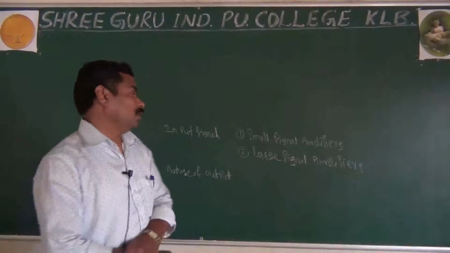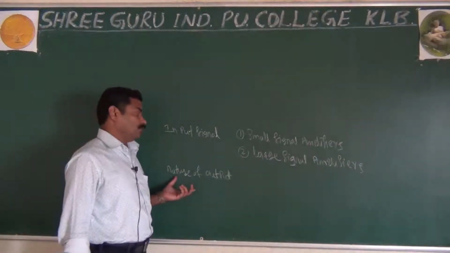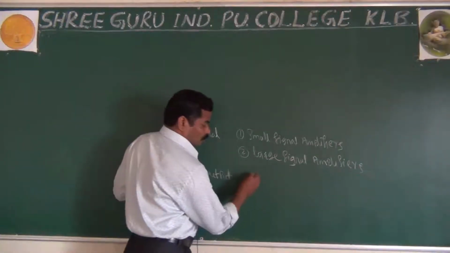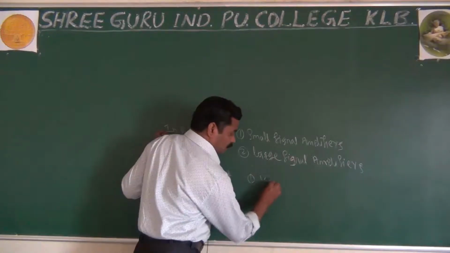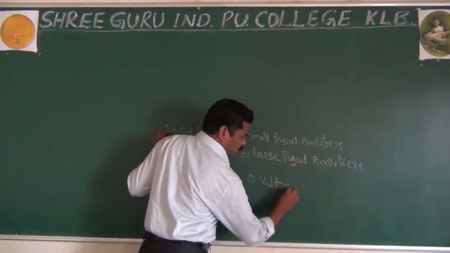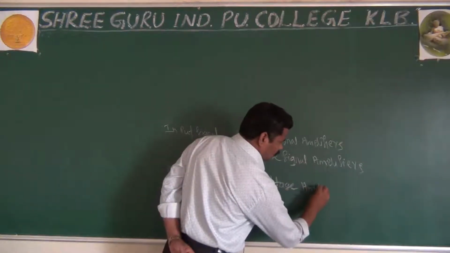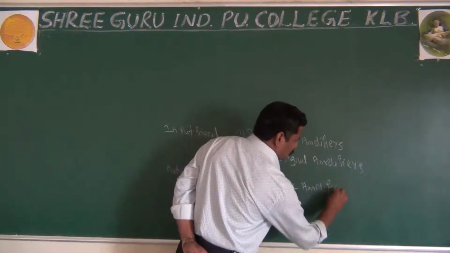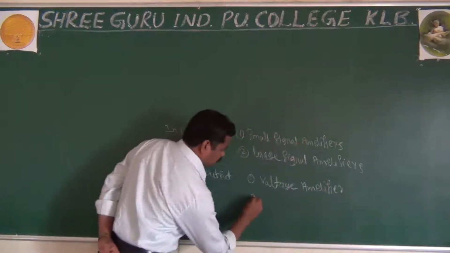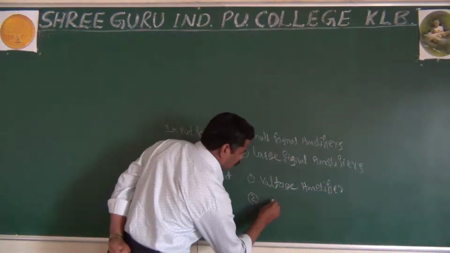It means according to the nature of output, we get the voltage amplifier, or it may be the current amplifier.